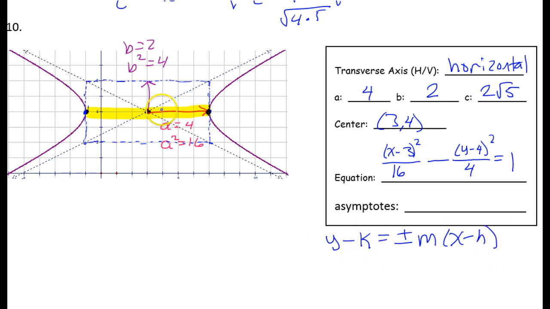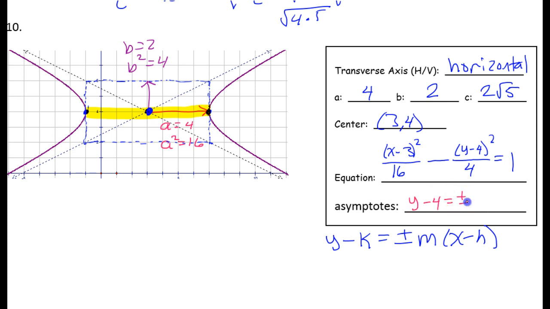But the point I'm using is the center of the hyperbola. That's why I said h and k, because h comma k is always the center. So look at this 3 and 4. If I substitute the 3 and the 4 in for h and k, the 4 is the k. So I'm going to wind up with y minus 4 equals.